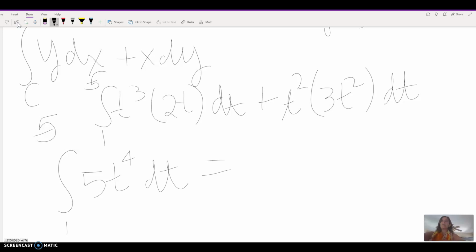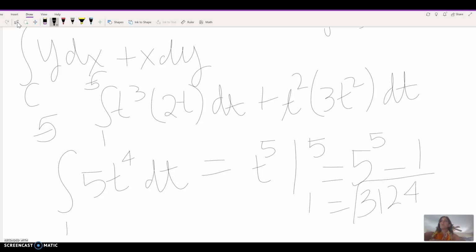So that's ultimately just going to be t to the fifth, and the 5 should cancel out. So that should be 5 to the fifth minus 1, which I get is 3,124.